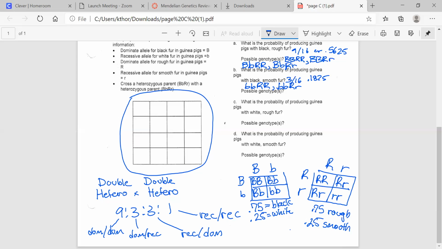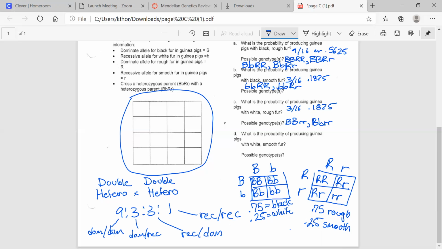What is the probability of producing a guinea pig with white fur and rough fur? That would be 3 out of 16, which is 0.1875. And the possible genotypes would be homozygous recessive, homozygous dominant, or homozygous recessive, heterozygous.